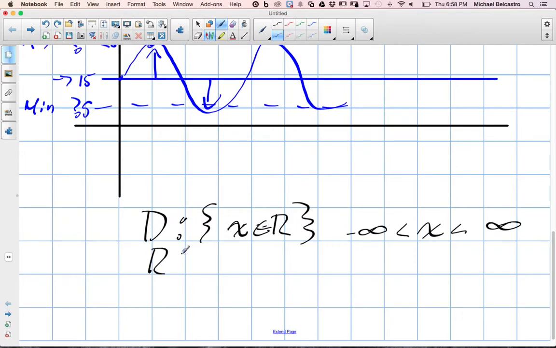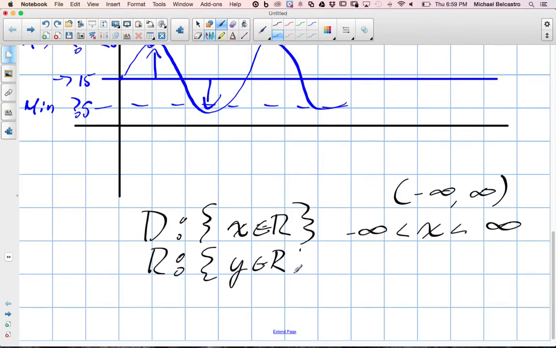And I'll write the range while you do that. Range of this function. Just the two endpoints. Okay, so you just do negative and positive infinity. That would be our domain of this function. And for our y value, it depends how you guys write it.